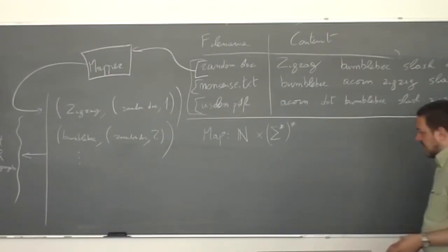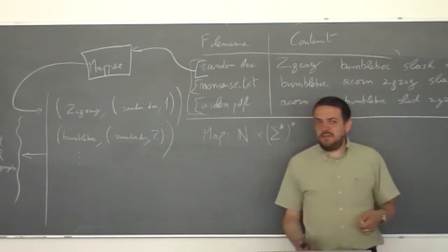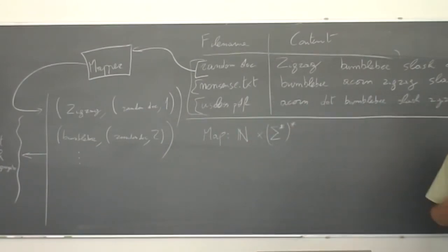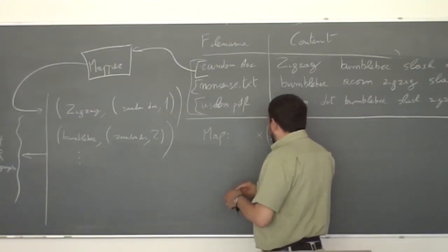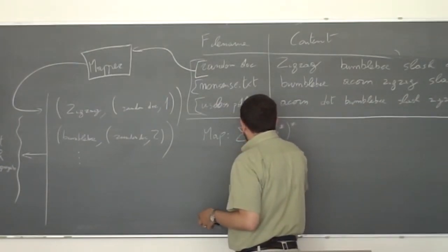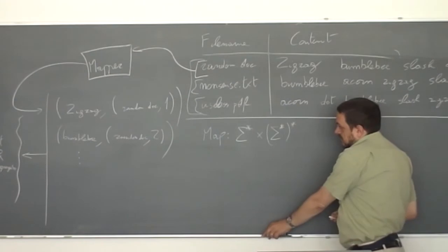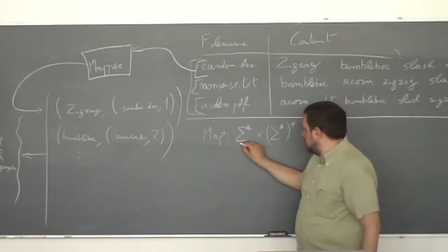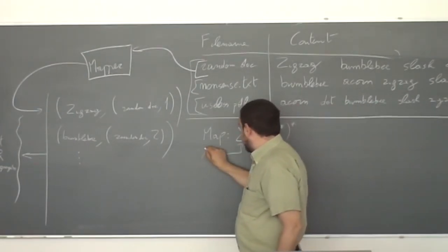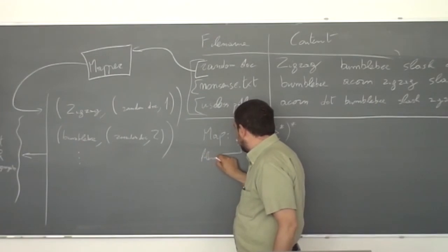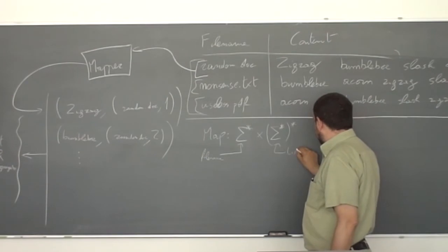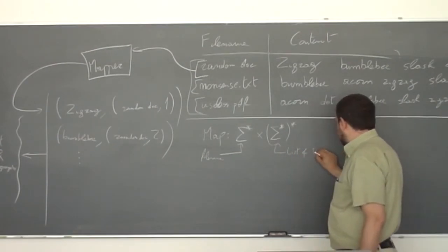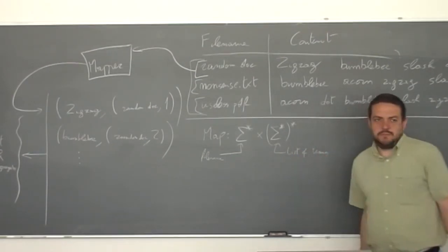But actually, let's make a more comfortable assumption for us. Let's assume that the mapper can also receive as an input the file name. So this is the file name, and this is a list of terms in the document.